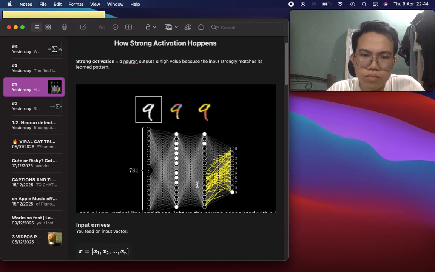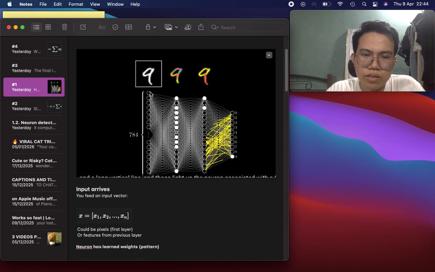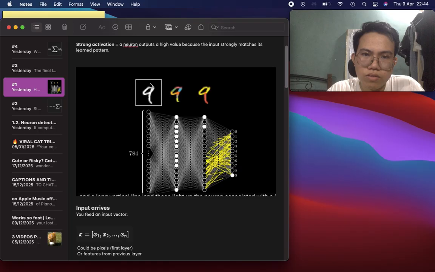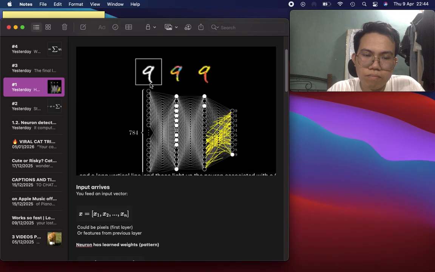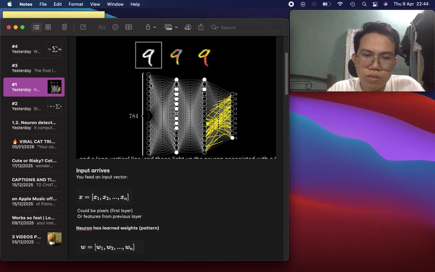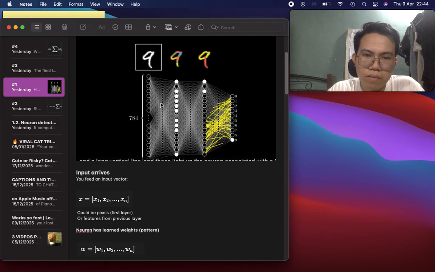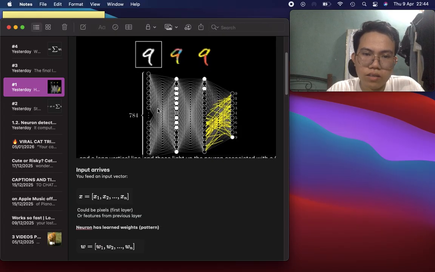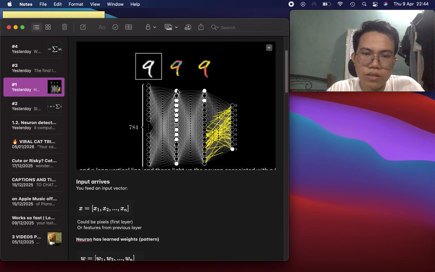As the input arrives here in the first layer, the input layer, like the pixels, for example, here we use a convolutional neural network, it will flow to the next layer, and some of the neurons in the next layer, the hidden layer, activate because they detect some of their learned pattern.